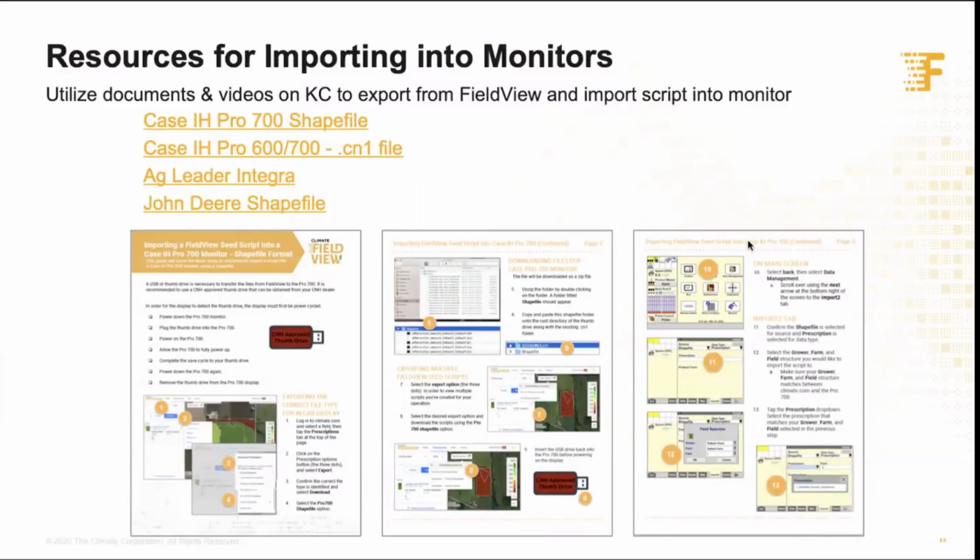We've added videos and walkthrough documents, just like you see the pictures here on your screen, for the Pro 700 shapefile, as well as the Pro 600 and Pro 700 CN1 file types. We have also added Ag Leader Integra and the John Deere shapefile steps. We'll continue to build that library out, but we have added these things.